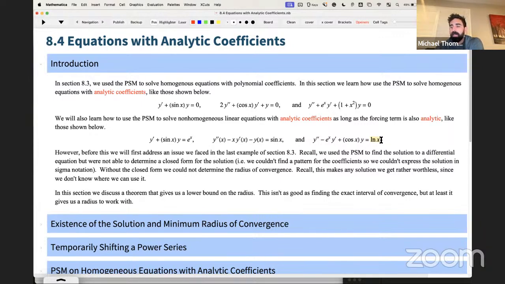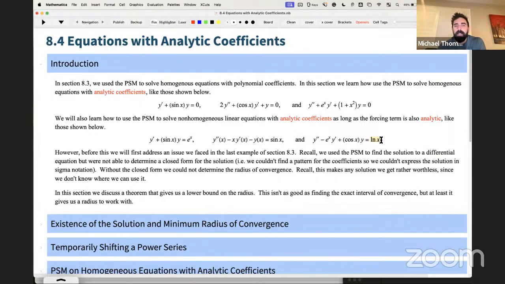That's kind of a problem because, yeah, you have the solution and that's great, but without knowing the radius of convergence, you don't know where it's valid. Obviously, there's some positive radius of convergence where it is valid, but that radius could be so small that the solution we found is pretty much meaningless if we don't know where we can use it.